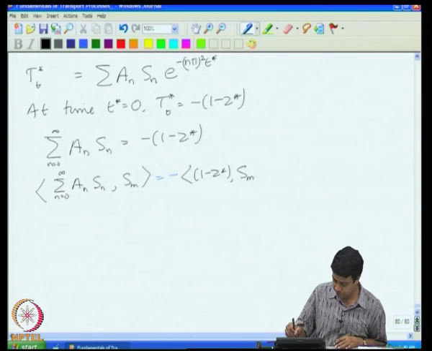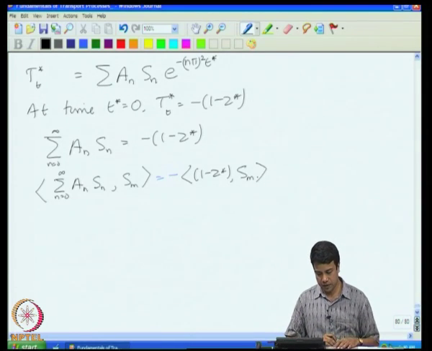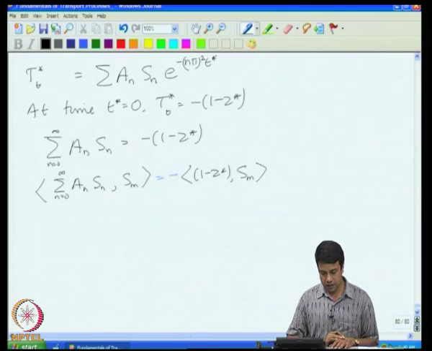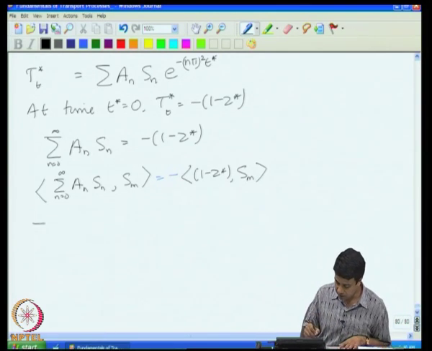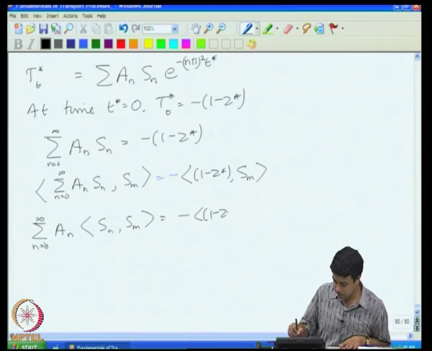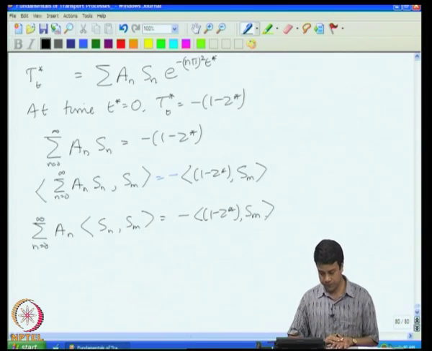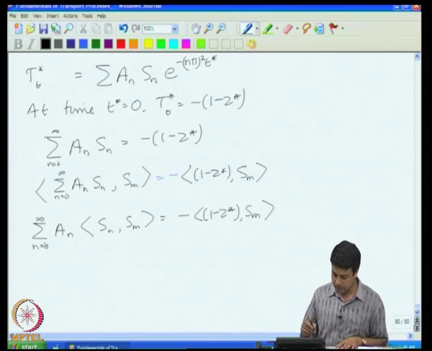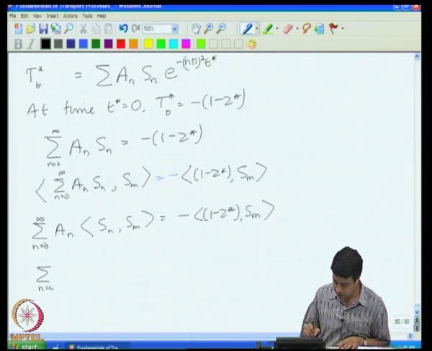Comma Sn. And since the An's are all constants, this is equivalent to writing summation n is equal to 0 to infinity of An times Sn comma Sm is equal to minus this inner product. And Sn and Sm are orthogonal to each other, and therefore, this is summation n is equal to 0 to infinity An delta Mn by 2.